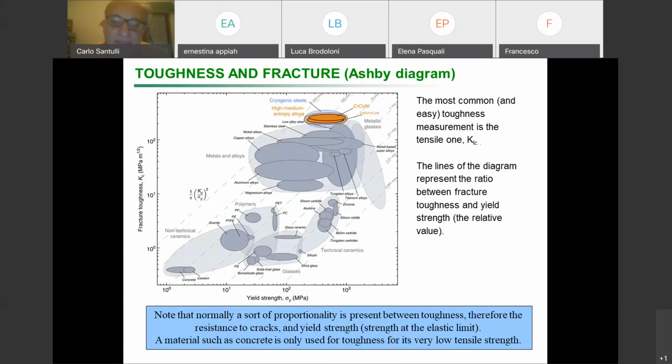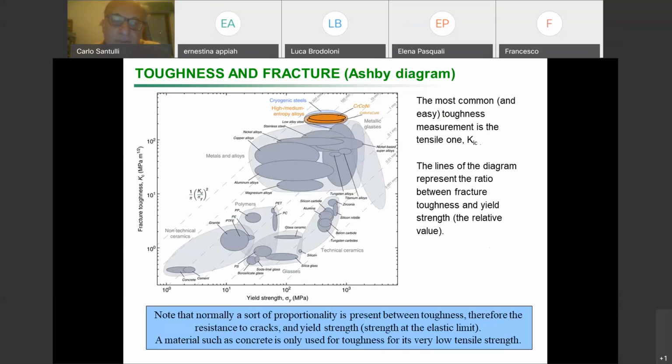In fact you have some units which are basically length units, and therefore you can find out that concrete is not that bad. Concrete is quite high. It is on the 10 millimeters line, and it's comparable with aluminum alloys, for example. Although, of course, aluminum alloy has a way higher stiffness and strength, but we use concrete for toughness.